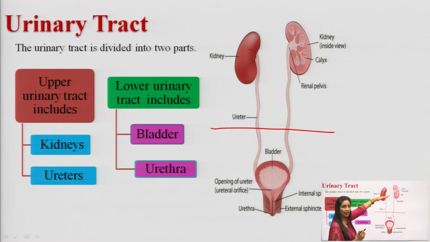The upper urinary tract consists of the kidneys and ureters. The lower urinary tract consists of the bladder and urethra.